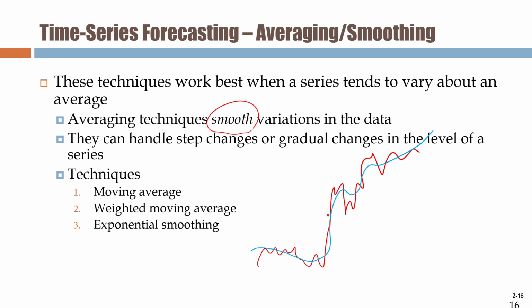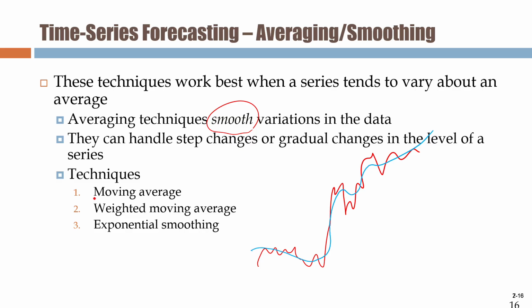So the blue line is smoother than the red line, right? I don't want to see the small fluctuation, but can I see the bigger picture? That's averaging, smoothing. There are several different ways.